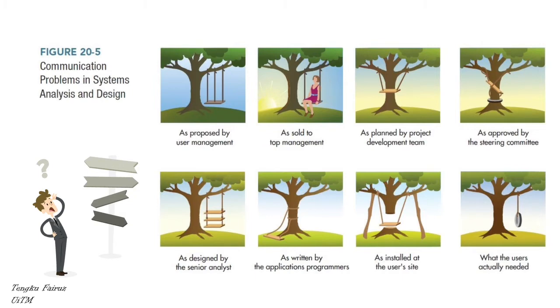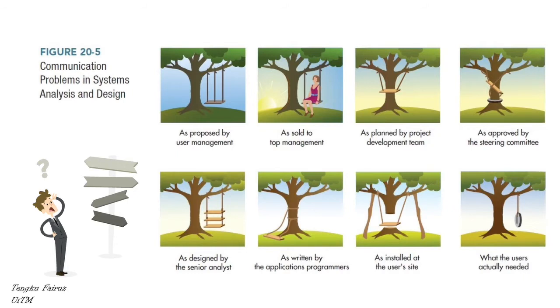When they have this miscommunication, the project might fail due to insufficient or inaccurate identification of user requirements. You can see the user's needs are different from the description by the development team.